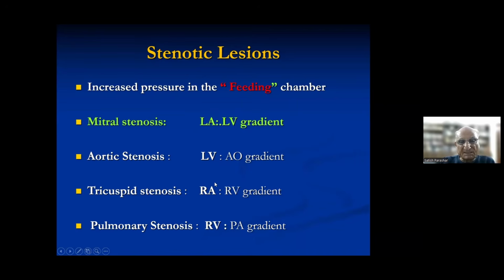Tricuspid stenosis, this is the feeding chamber everywhere. So the feeding chamber proximal to the stenosis always has high velocity flow. Nothing new in it, but you have to just remember what a feeding chamber is. The feeding chamber is the one which throws the blood into the other chamber. And I hope it is clear to you.